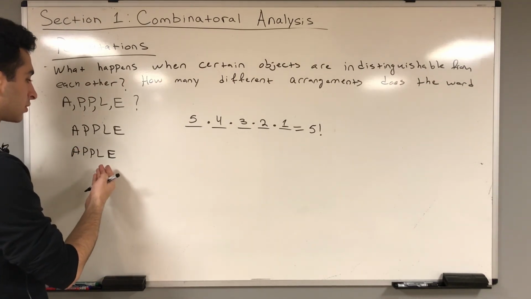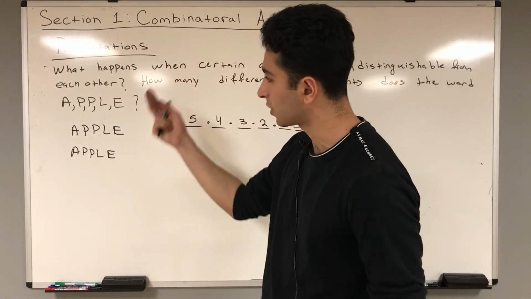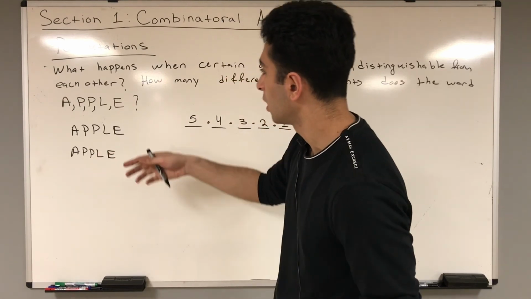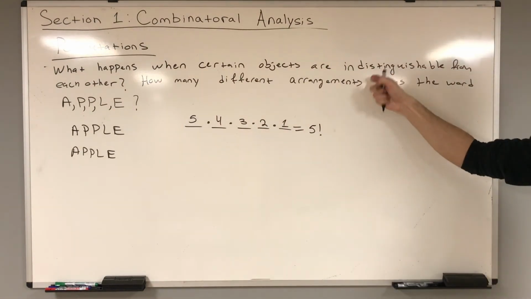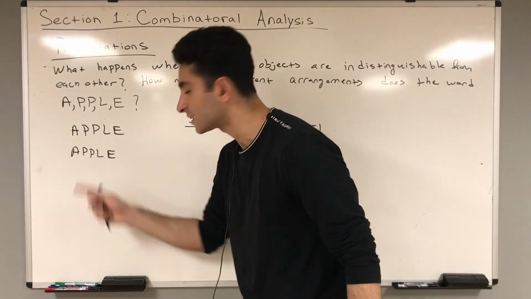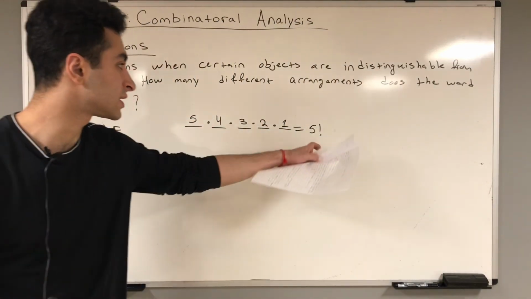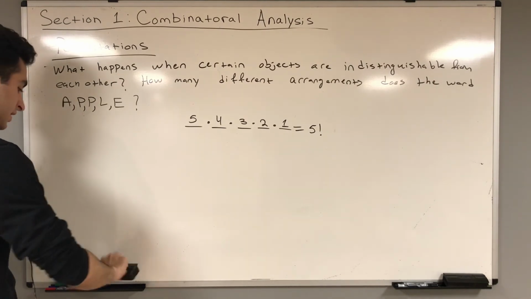Well, they look exactly the same. They are the same arrangement, so we have to account for the fact that these 2 objects are indistinguishable from each other. I cannot tell them apart. They are the same object. So we're overcounting here. This is an overcount because the P's are the same.